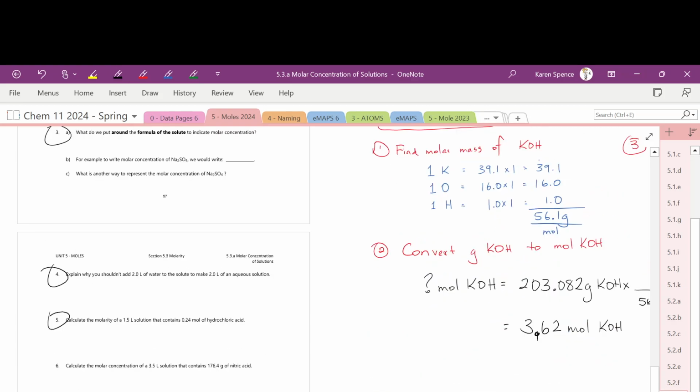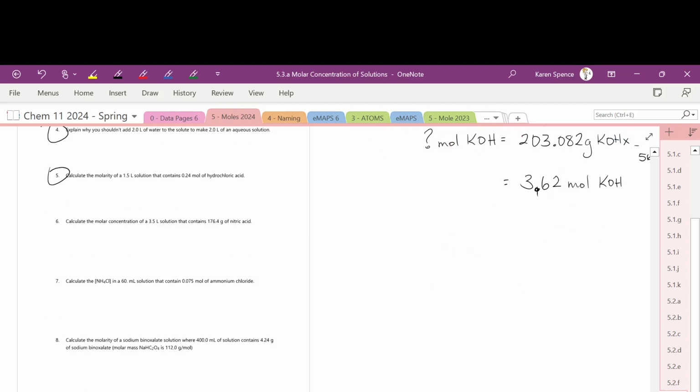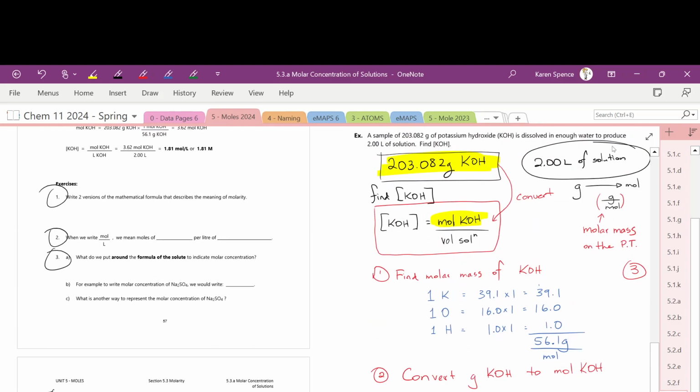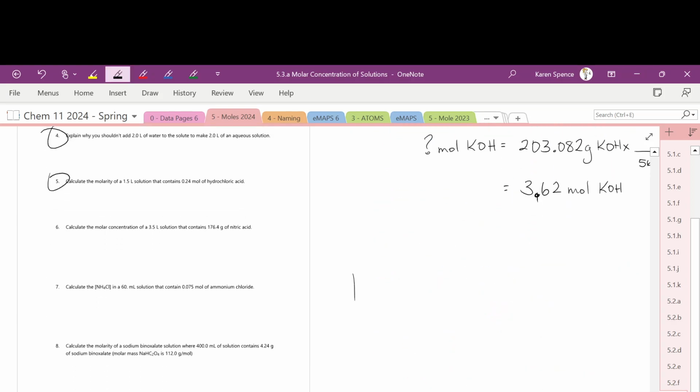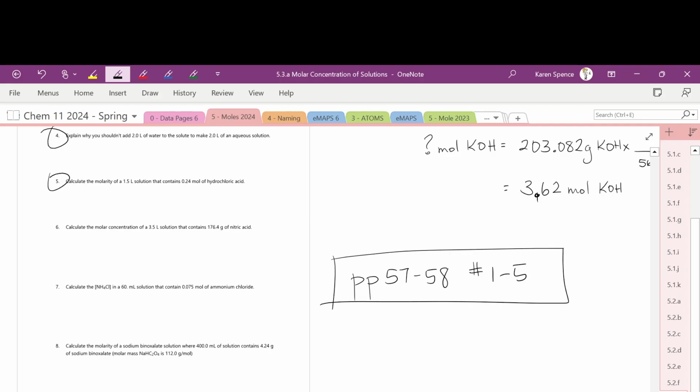Just numbers 1 through 5 on pages 57 to 58. You should be able to finish that before the end of class today. Mostly what I want you doing is, do I even want you to do that today? Or do I just want you to do that other thing?